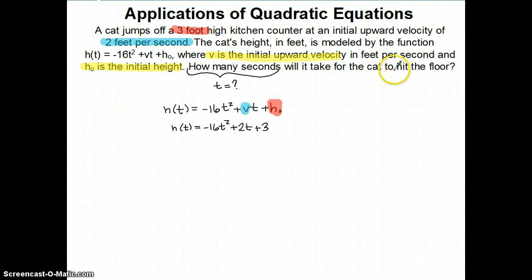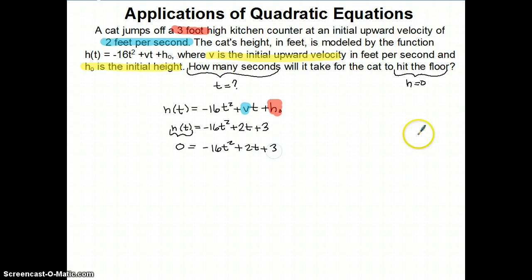So I want to know the time when the cat's on the floor, which means the cat has a height of 0. So I'm going to go ahead and replace this h. This whole left-hand side of your equation represents height, so I'm going to put that equal to 0 and figure out how much time it is going to take for this cat to land on the ground.